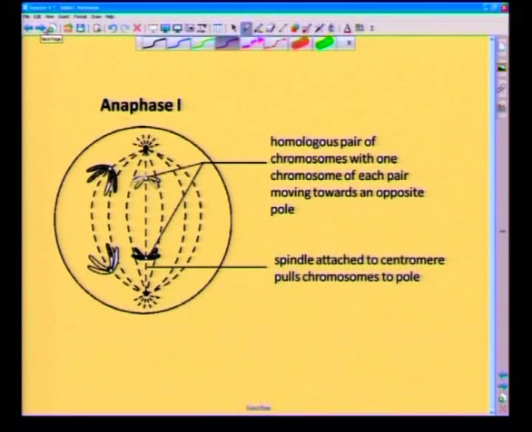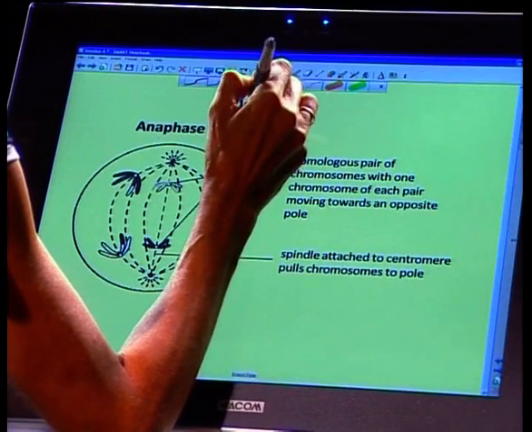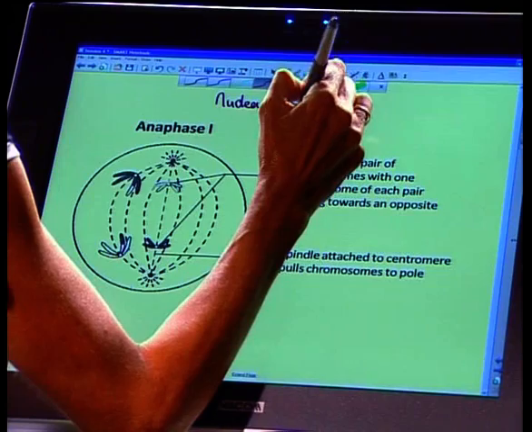Remember, prophase, metaphase. After metaphase, as those chromosomes start to move away, so early anaphase, that is when the nucleus starts to divide. All right, and when the nucleus divides, I'm going to write it on here, the nucleus separates.